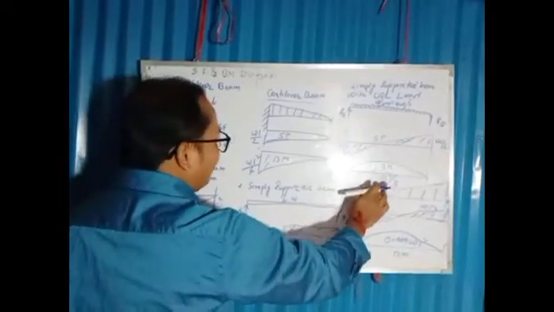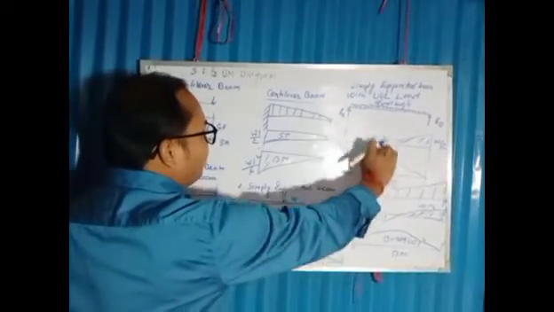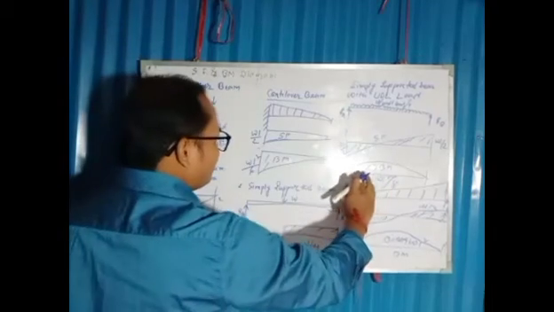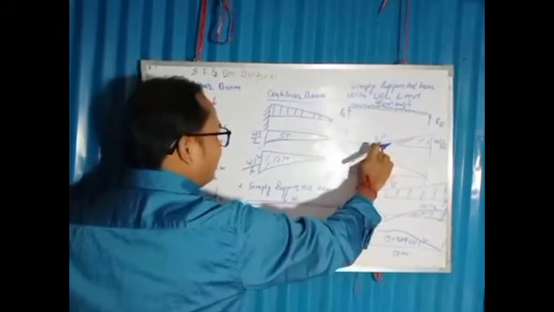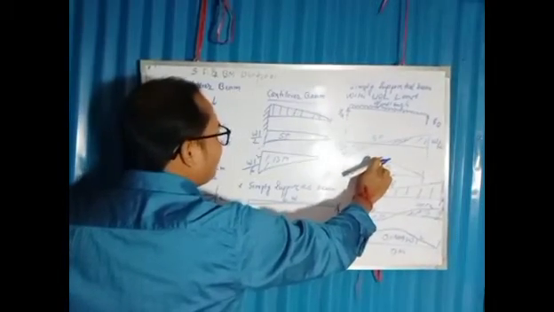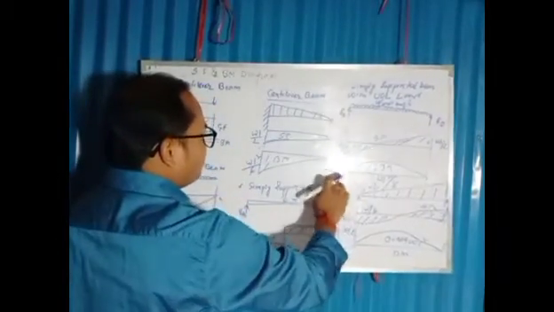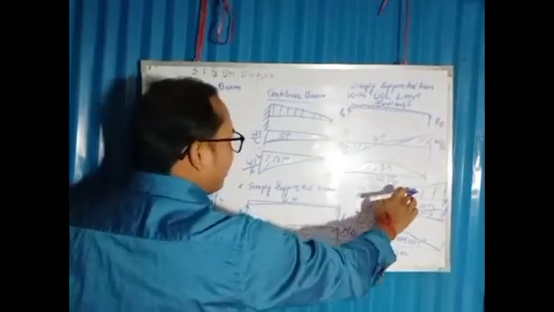The bending moment diagram is a parabolic line. At the midpoint where the sign changes, the bending moment is maximum, with value WL square by 8.